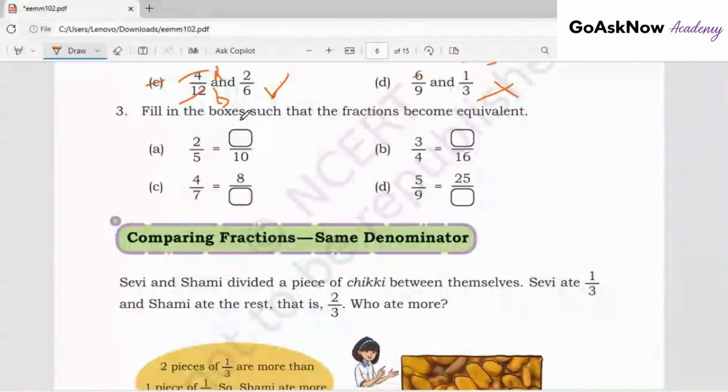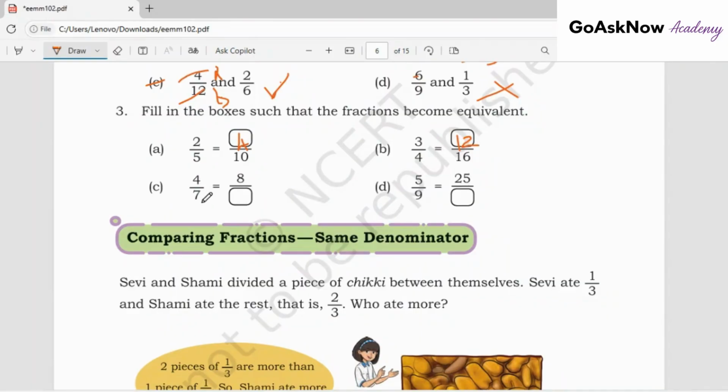Third question, fill in the box such that the fractions become equivalent. 2 by 5: 5 into 2 is 10 and 2 into 2 which is 4. 4 is the answer. 3 by 4 is equal to something by 16. 4 into 4 is 16. Then 3 into 4 is 12.